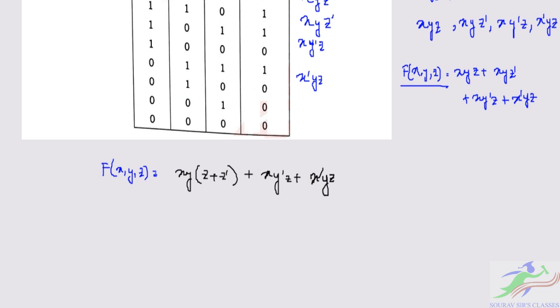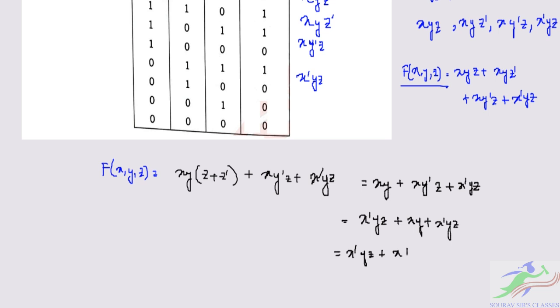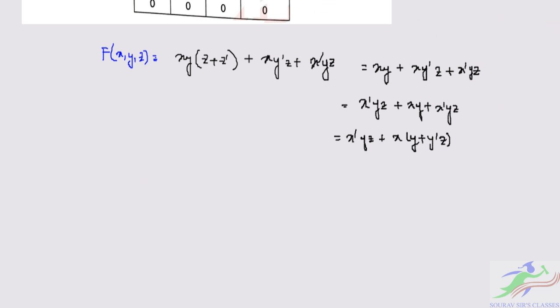So it will be xy plus xy bar z plus x bar yz. Now we can write this as xy plus x bar yz, taking x common out of the rest, it is y plus y bar z.